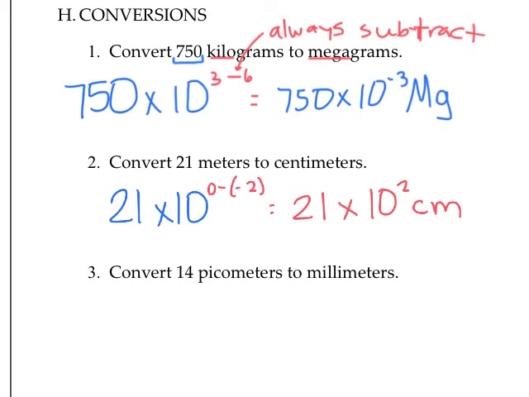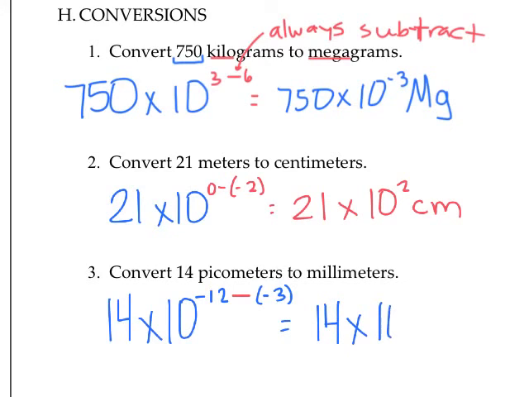I'll do one more with you. We're going to have 14 picometers, so we'll write down 14 times 10. Do you remember pico's power of 10 value? It is to the -12th. Okay. And then we're going to subtract. Milli's power of 10 value is a -3, and that's going to leave us with 14 times 10.